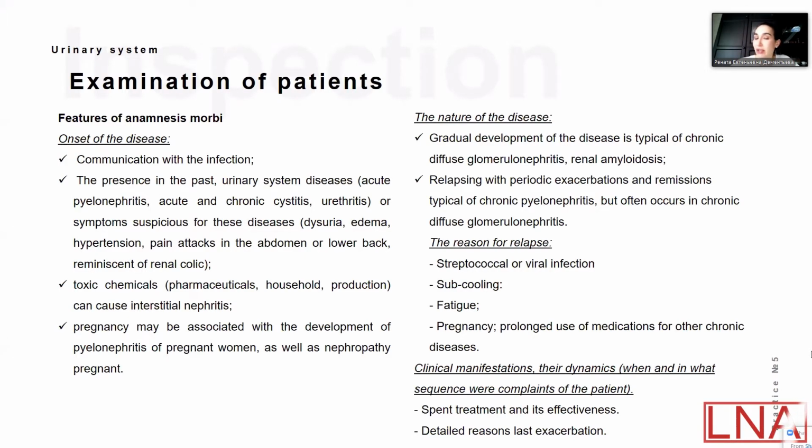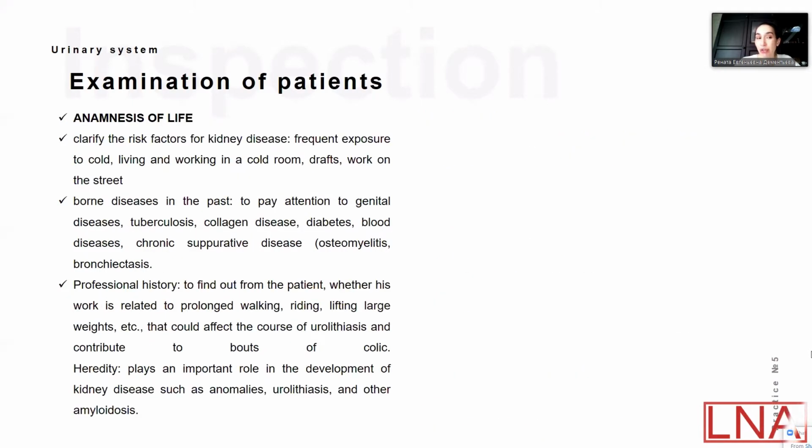Clinical manifestation, dynamics of the clinic, when and in what sequence, compliance of the patient, treatment spent and its effects, reasons for the last exacerbation. Also, we need to take anamnesis about the life of the patient, clarify the risk factors for kidney disease: frequent exposure to cold, living and working in a cold room or in cold conditions or outside, drafts, walking on the street, bone disease in the past.